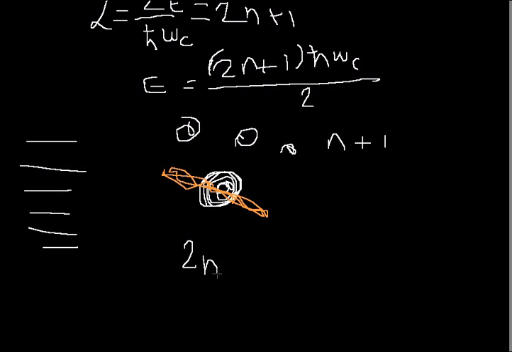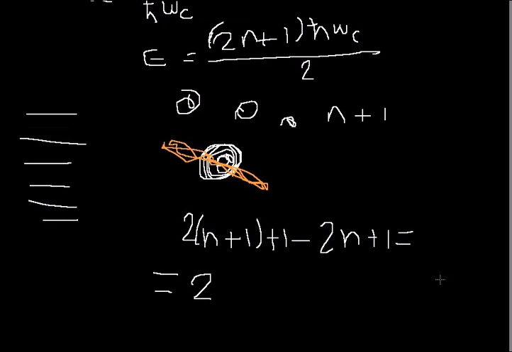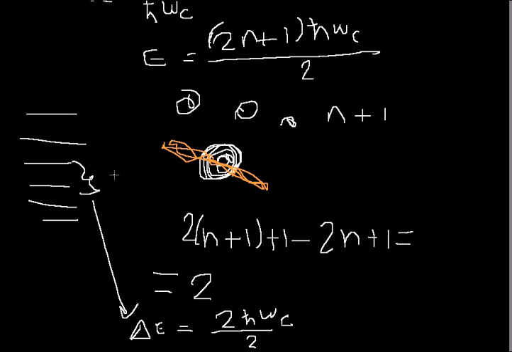Let's write it here: 2(n plus 1) plus 1 minus (2n plus 1) equals 2. This energy difference between these levels is the Planck constant omega. And the discrete difference is constant.